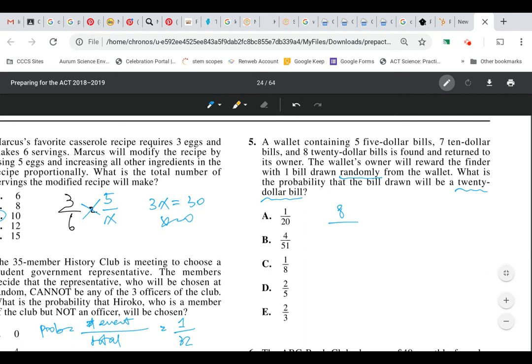The total number of bills is 5 plus 7 plus 8. So you do the math. 8 over 20, simplify, 2 over 5, because you divide by 4 on both sides. So your answer is D.